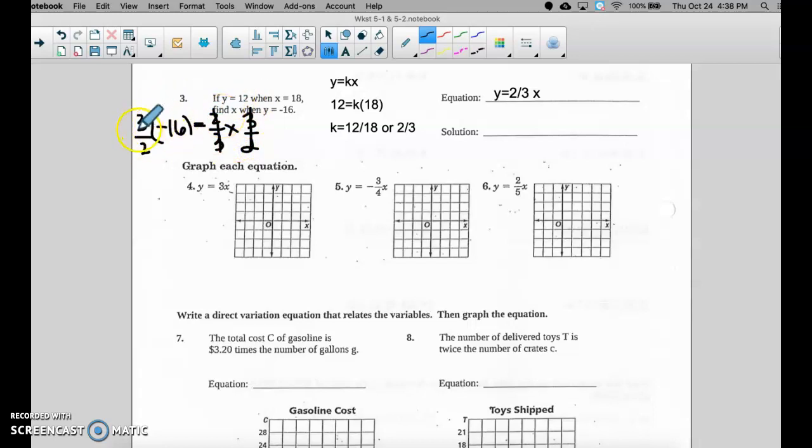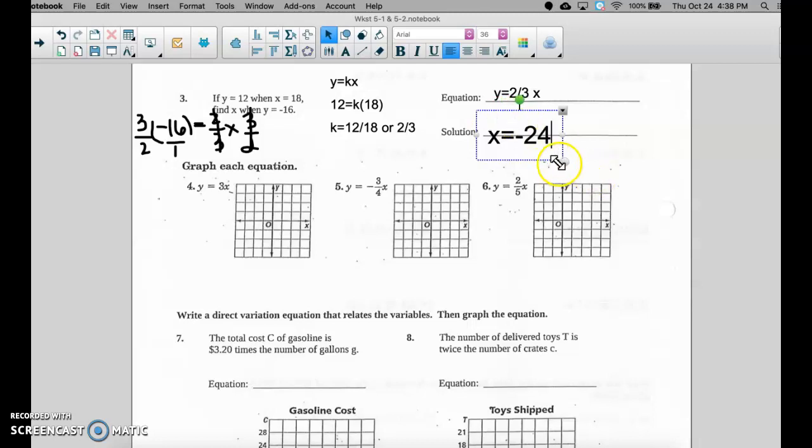On our left side, we have negative 16 times 3/2. It's the same thing as multiplying by negative 16 over 1. So on top, we get 3 times negative 16, which is negative 48, divided by 2. And your final answer is going to be x equals negative 24.